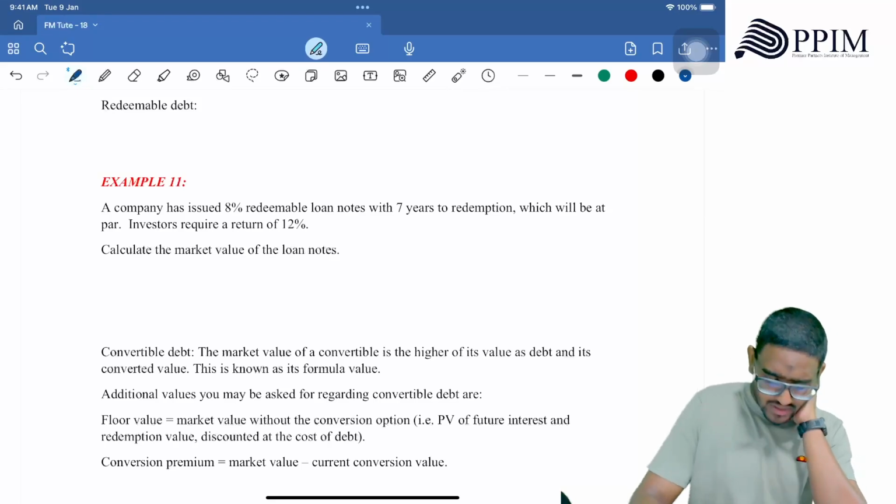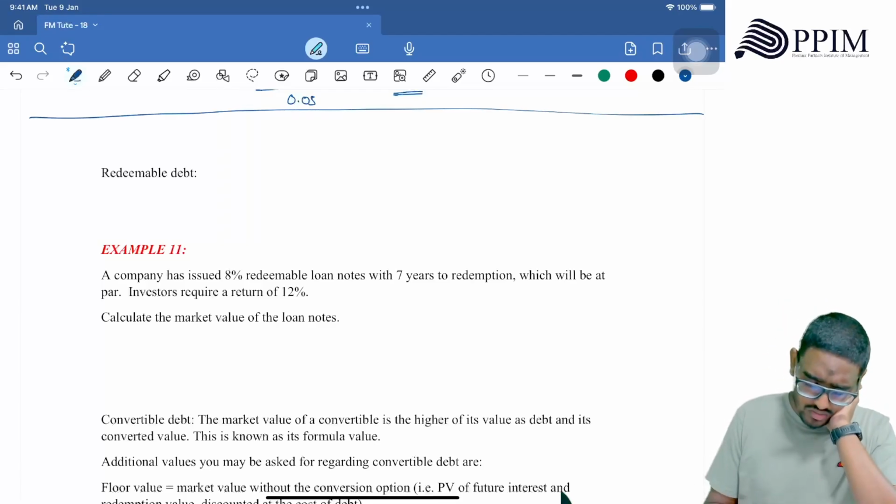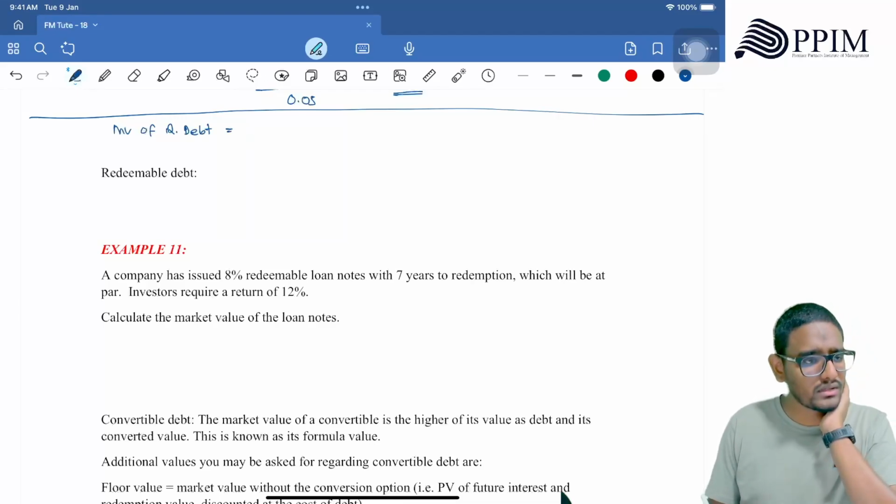Okay, so if you write down an equation for redeemable debt, then what would your equation look like? Your market value of redeemable debt would be what?